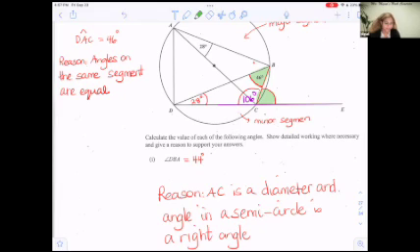How much is it? 180 minus 106. 74, miss. So let's write the answer.